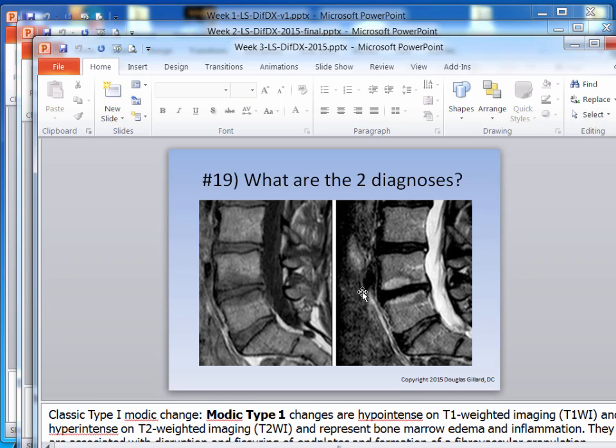We talked about Modic. We're going to talk more about it, but I went over that. It's Modic type 1. It's a severe type of end plate degeneration, more severe than most. On the T2 weighted, see the cerebrospinal fluid here is white. T2 weighted shows up white. T1 weighted, it shows up dark. So this is type 1 Modic change.